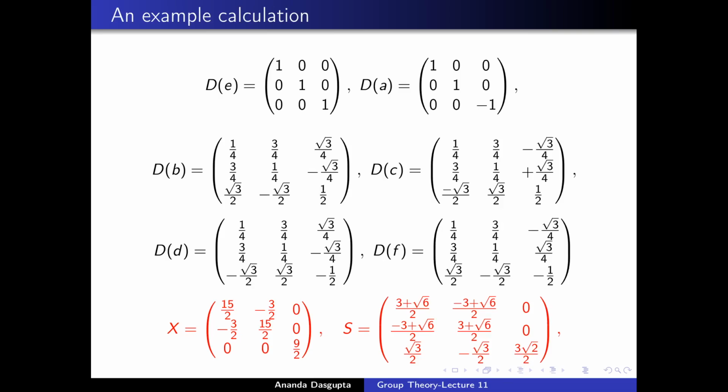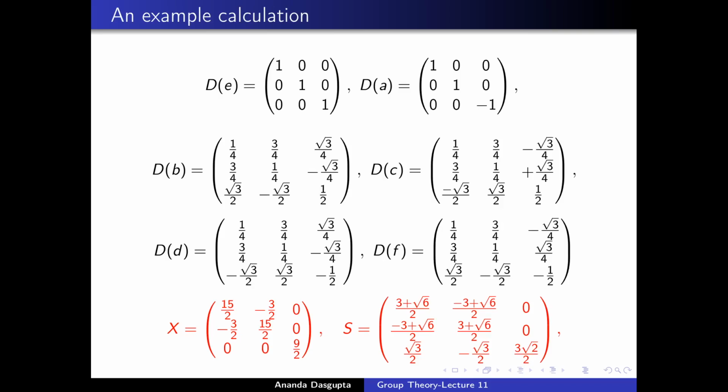Check that if you calculate the square root of X by diagonalizing X first, taking the square root and then inverting the diagonalization, you do get this particular matrix S. After this, I'm going to ask you to carry out the symmetric transformation induced by S on each one of these 6 matrices and check for yourself that the resulting 6 matrices turn out to be unitary. I will leave the details of this as an assignment for you.